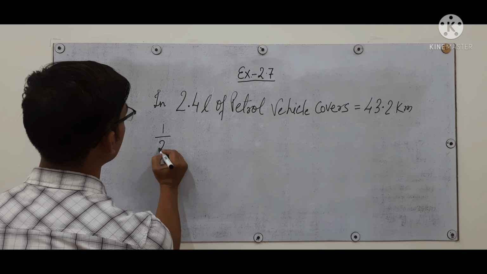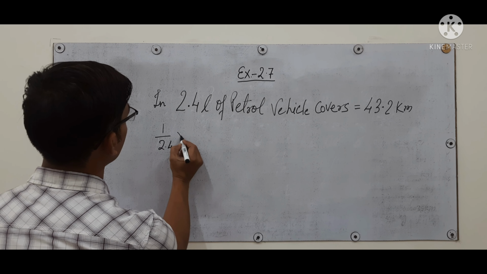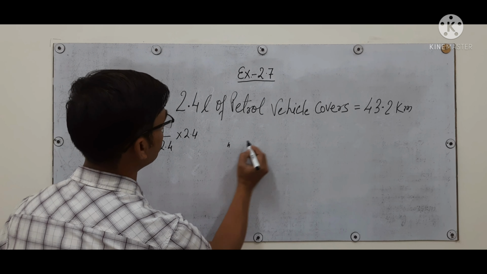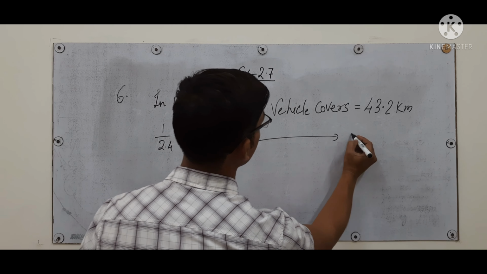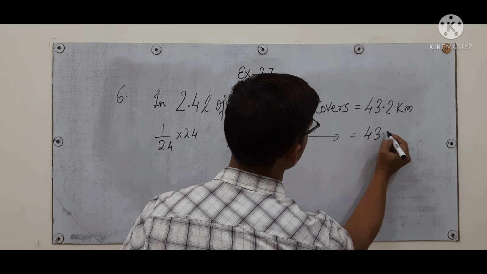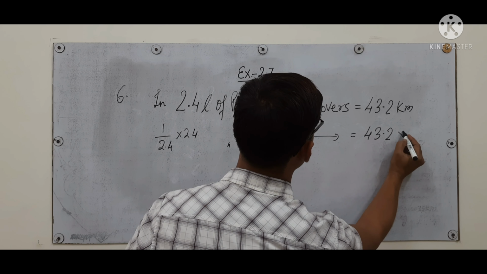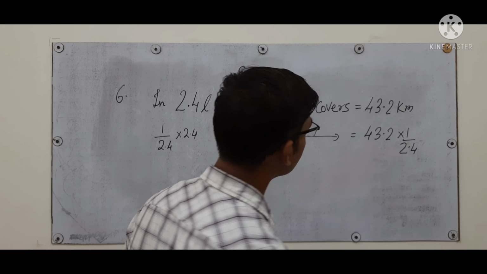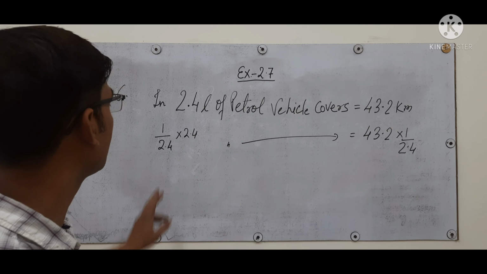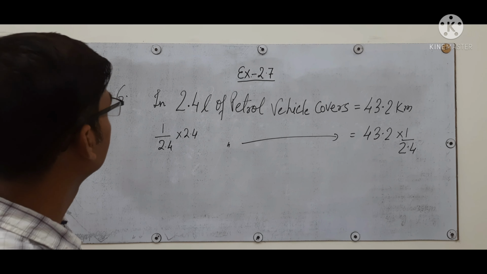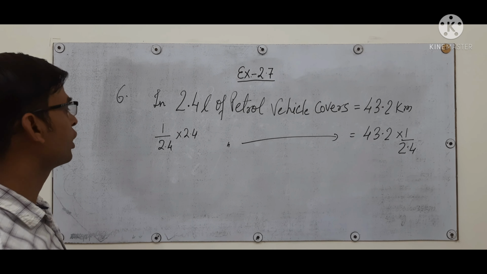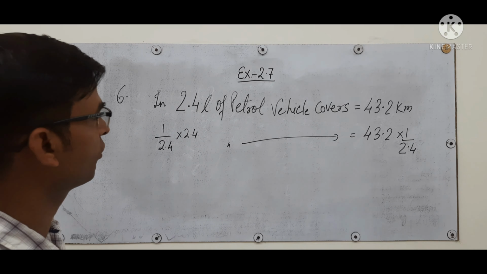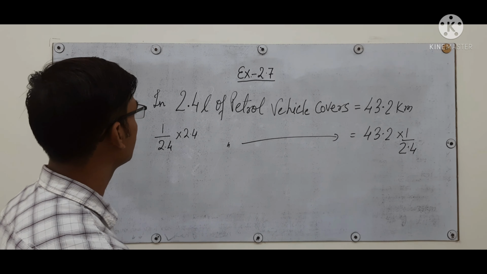So 1 upon 2.4 cross 2.4 liters of petrol, it will cover a distance of 43.2 cross 1 upon 2.4. Why have we multiplied both sides by 1 upon 2.4? Because in the next step 2.4 and 2.4 will cancel and give 1, that is, it will be 1 liter of petrol, and here we will solve it.